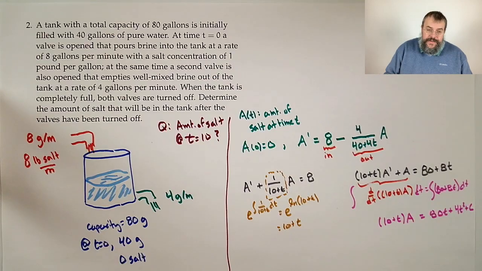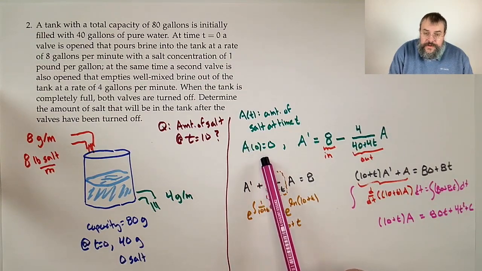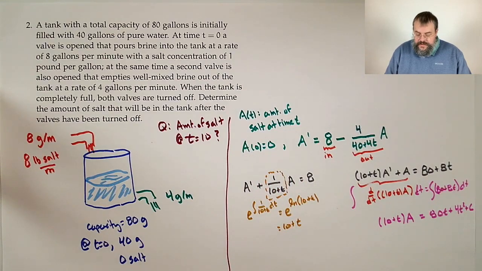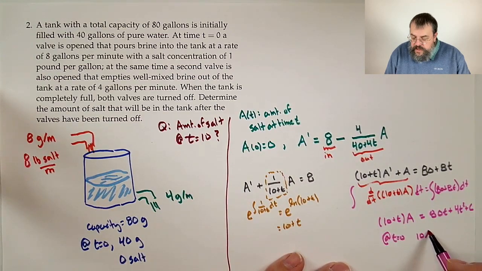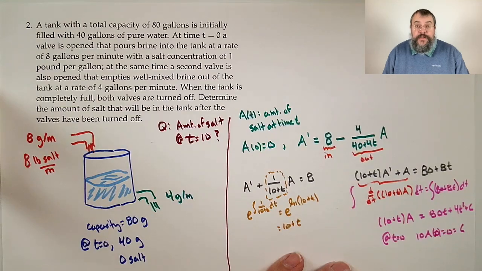Now we pull out the fact that we know at time 0, we have 0. So at time t equals 0, we get 10 times A of 0, which is 0, equals 0 plus 0 plus c. So c equals 0.